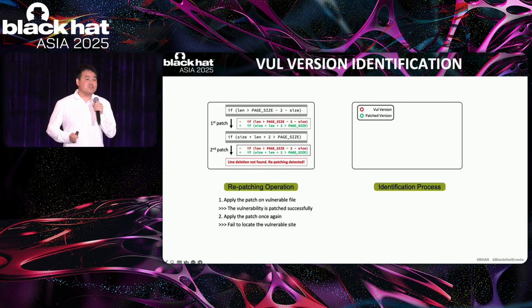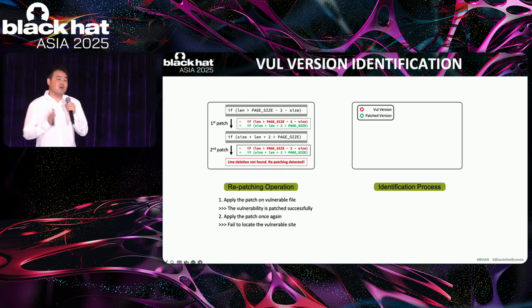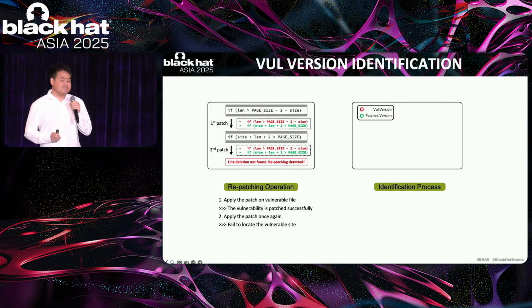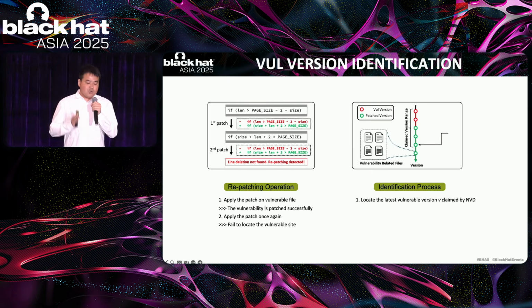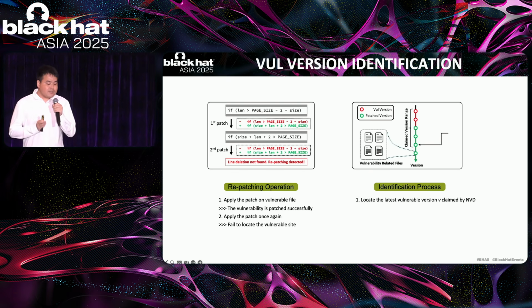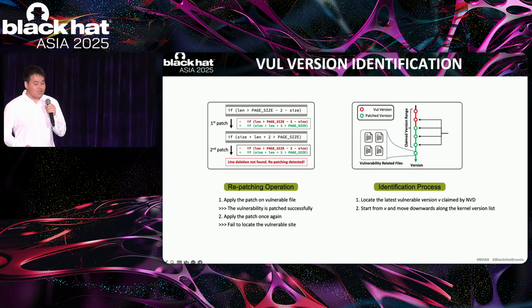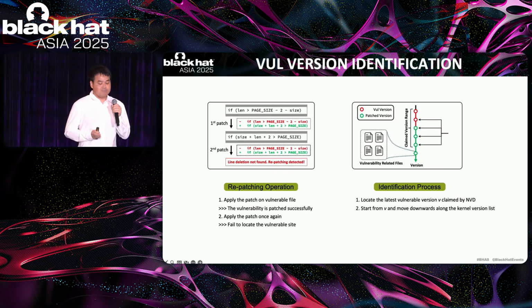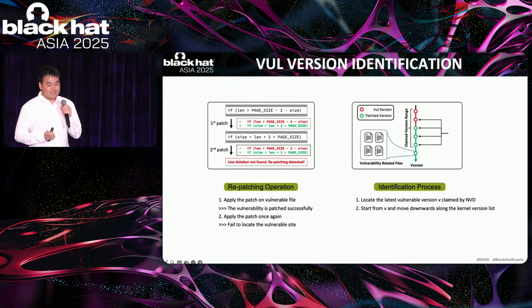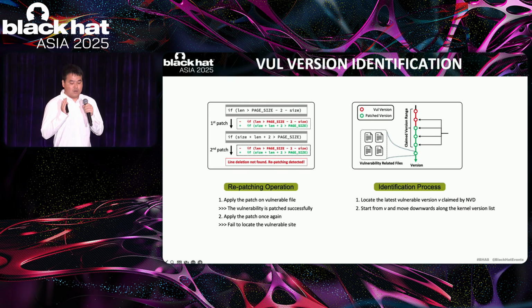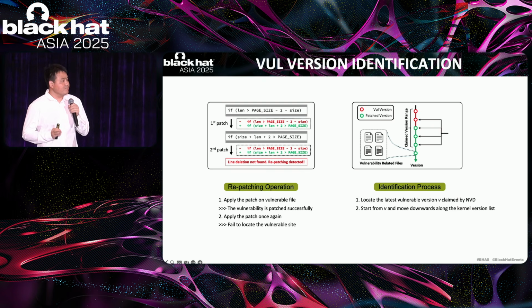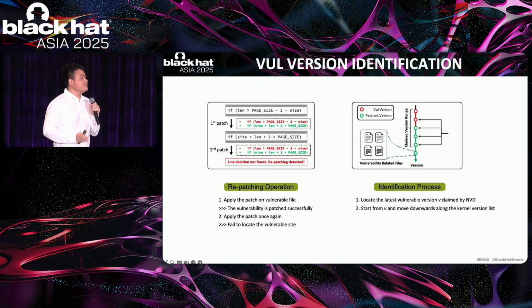Based on this approach, how do we identify the target kernel version? We first locate the latest vulnerable version claimed by the NVD, and we do backward tracking, starting from that version and moving downward along the kernel version list to do the patch analysis.